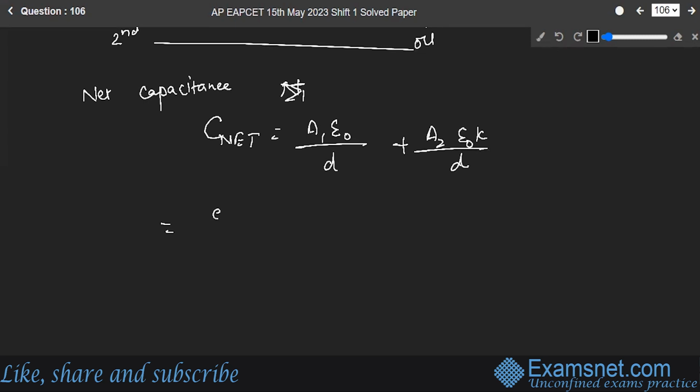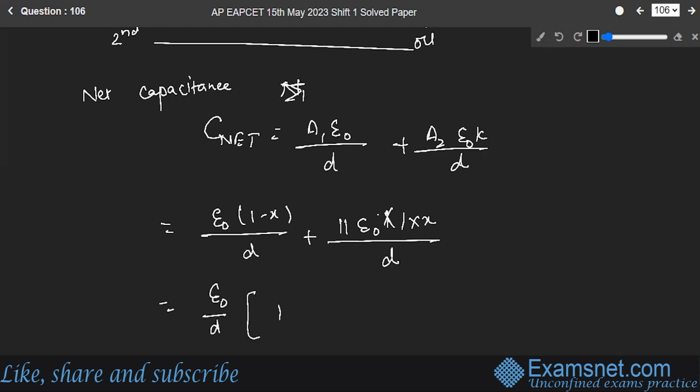Or this is equal to E naught into 1 minus x upon d plus 11 E naught into 1 into x upon d. I'm taking this common. So here you have 1 minus x plus 11x. This is equal to E naught upon d into 1 plus 10x. This is equal to the total capacitance.